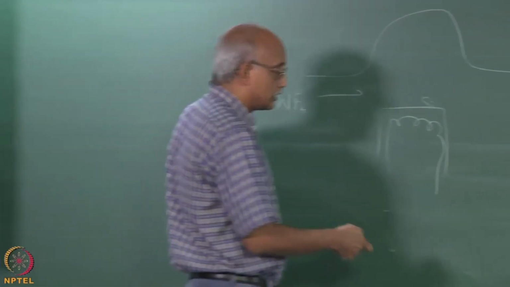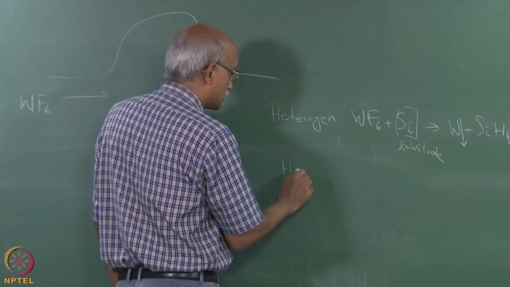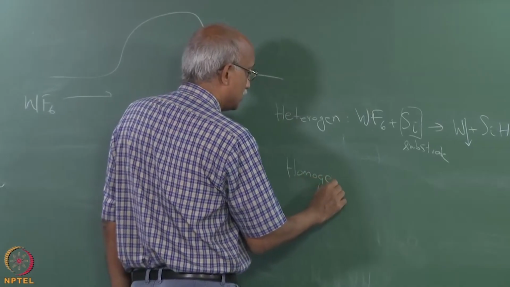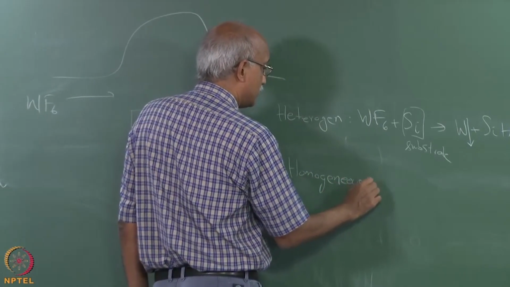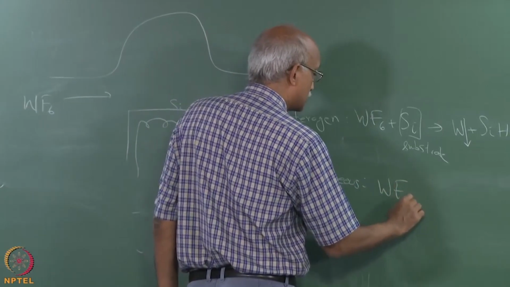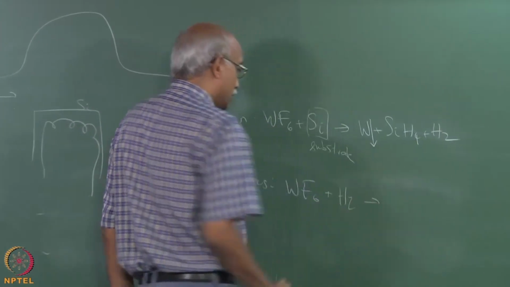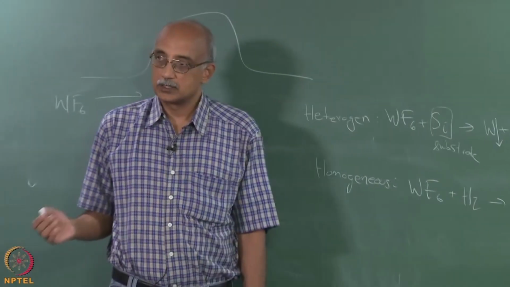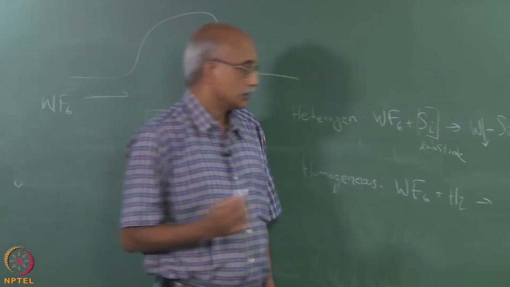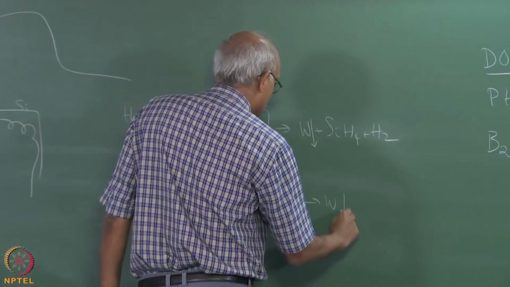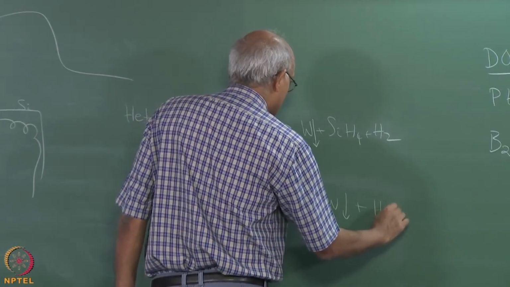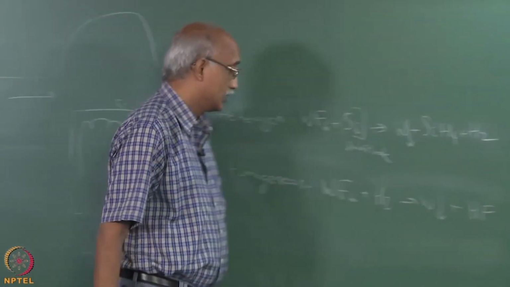An alternative method for doing this, which is what I would call more classical CVD, is when you take WF6 and react it with, let us say, hydrogen to make again W plus HF in this case.